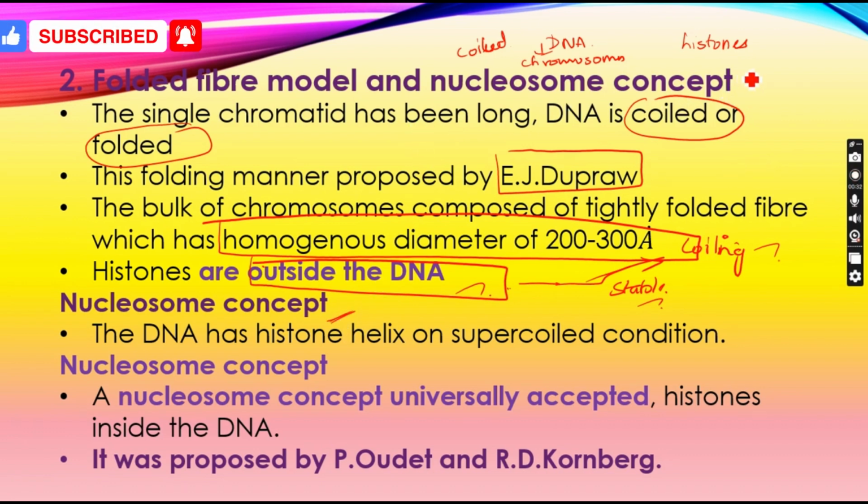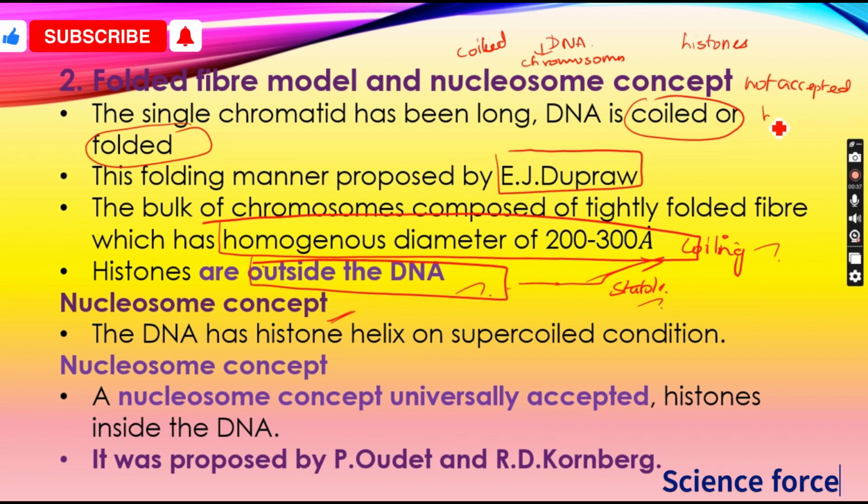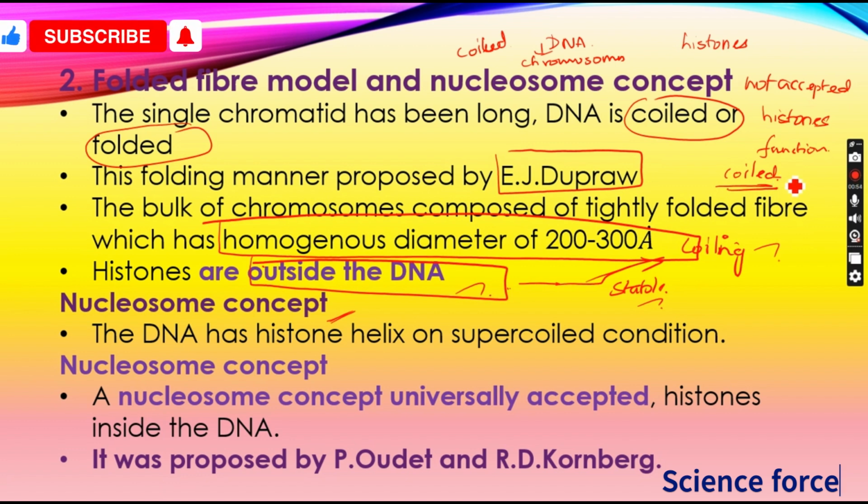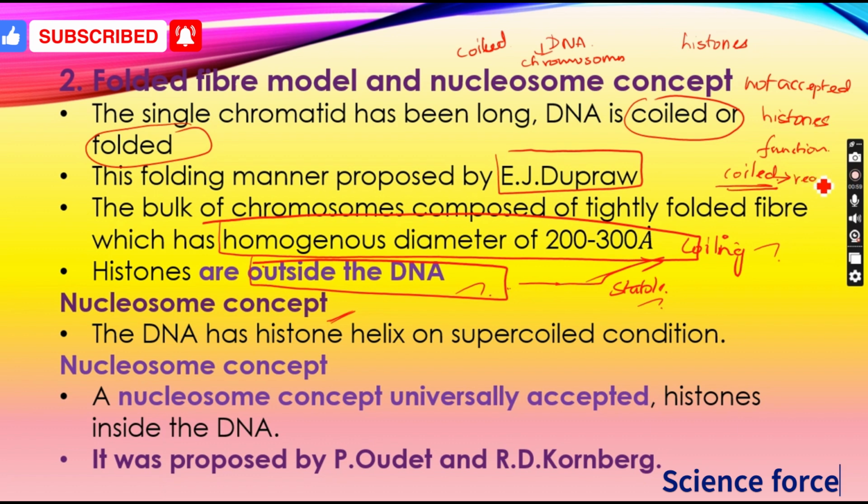So the folded fiber model is not accepted, because the histone functions are not described correctly, and they said that coiling occurs but do not explain what makes it coil. The reason for the coiling is not explained in this model. So the folded fiber model proposed by Dubray is not accepted.